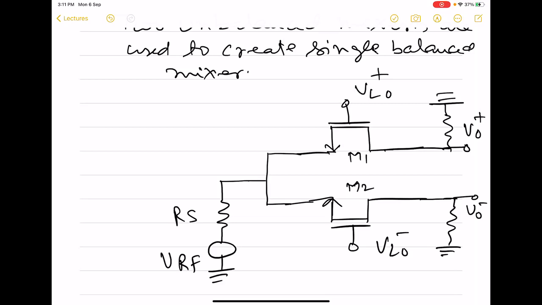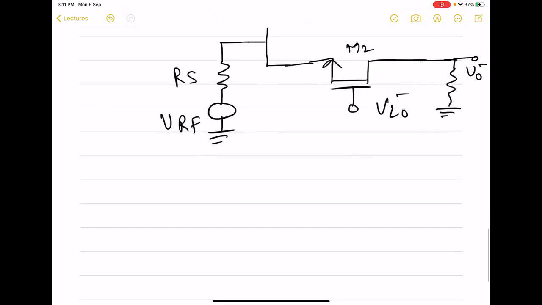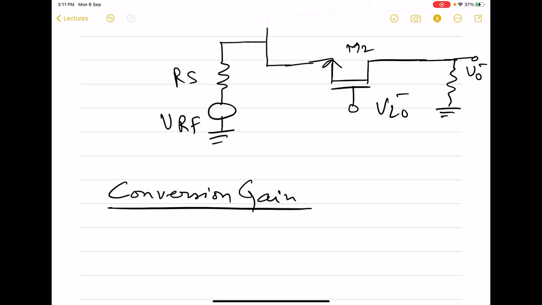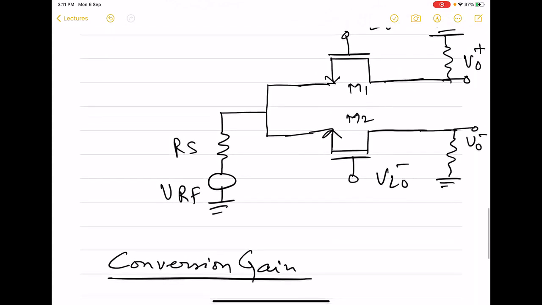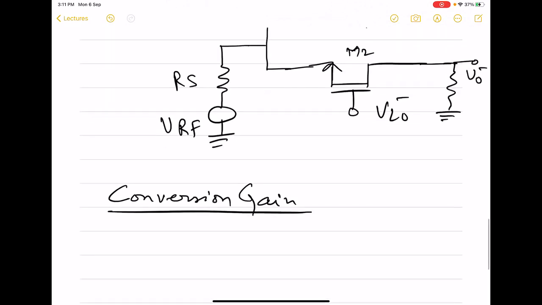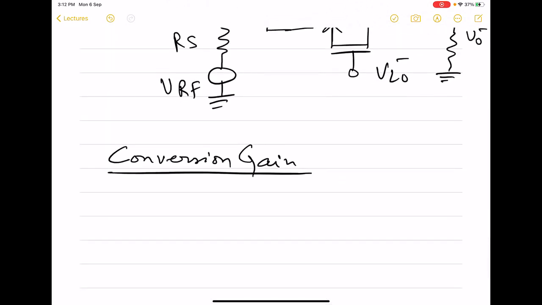So for this circuit, our objective is to find out the conversion gain. And then find out the feed through. So because we will be carrying out feed through analysis, we will be taking a little bit more realistic model for these MOS.